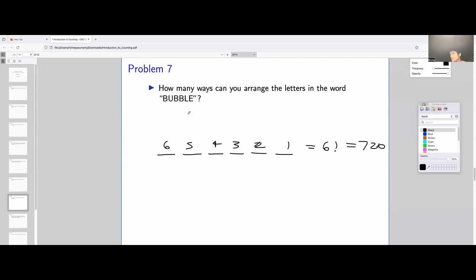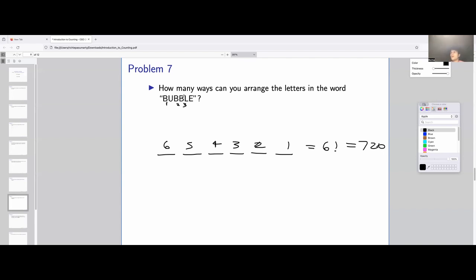So here's what we could kind of consider. The complication here occurs from the fact that I have multiple letter B's. So maybe if I just write a label for each of these letter B's, that will help out a bit.